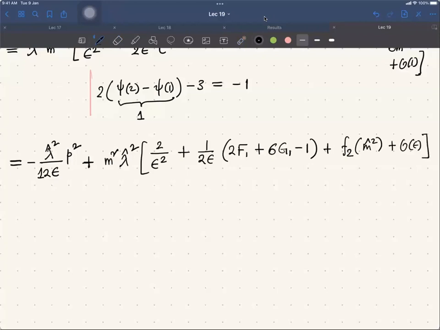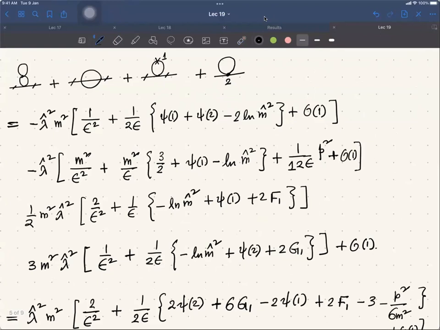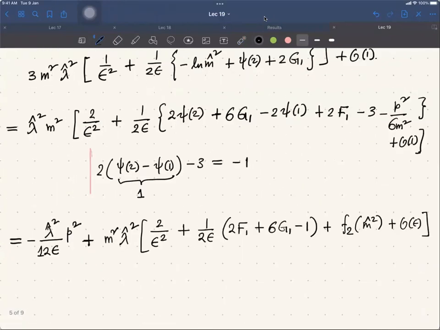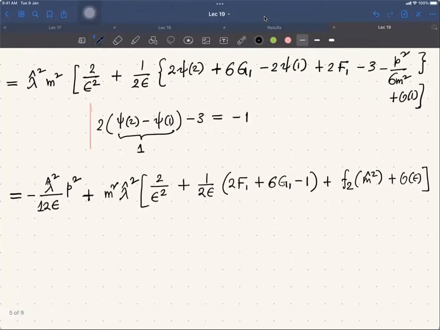So that's the final result, and this implies that after adding all the contributions to the 2.1 pi at order lambda square, one still is left with poles in epsilon. So therefore, we need an additional diagram at this level.